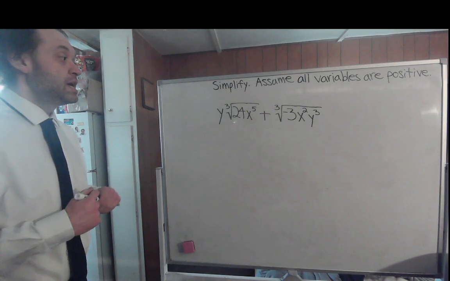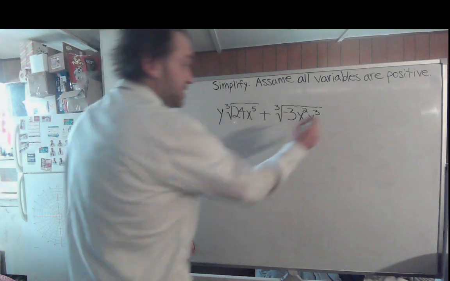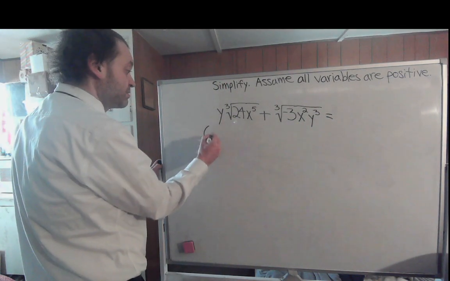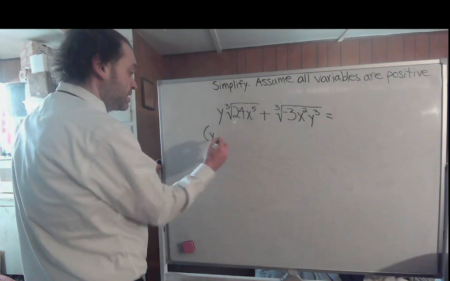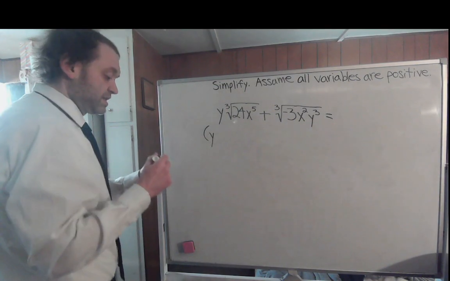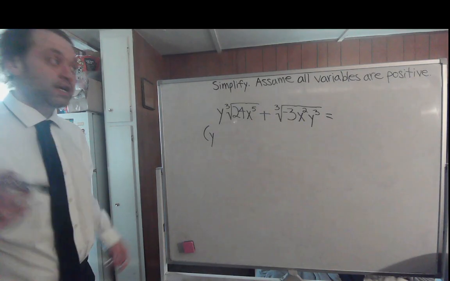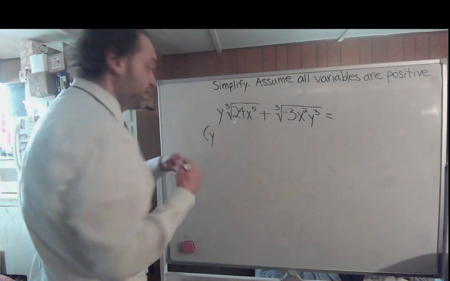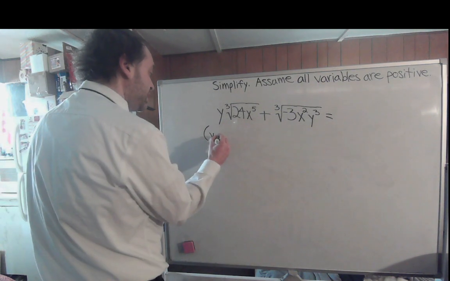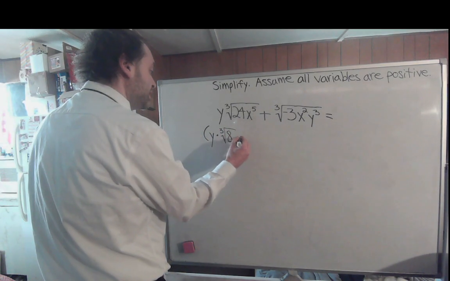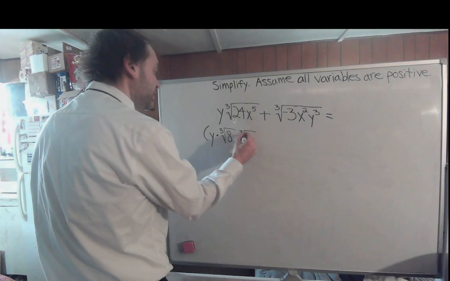Well, let's look at each of these terms individually again. So for your first term, you have y. Now, 24 is not a perfect cube, but are any of its factors a perfect cube? Actually, yes. 8, if you do 8 and 3, you'll have y times the cube root of 8 times the cube root of 3.